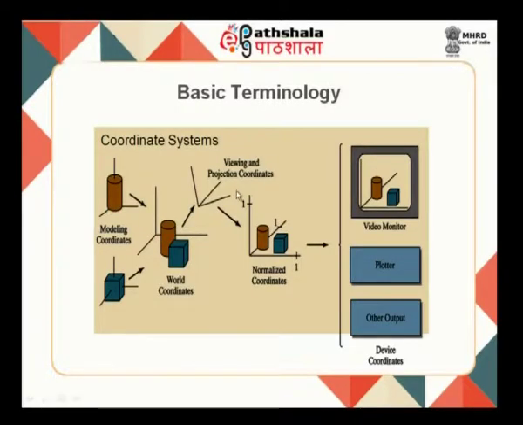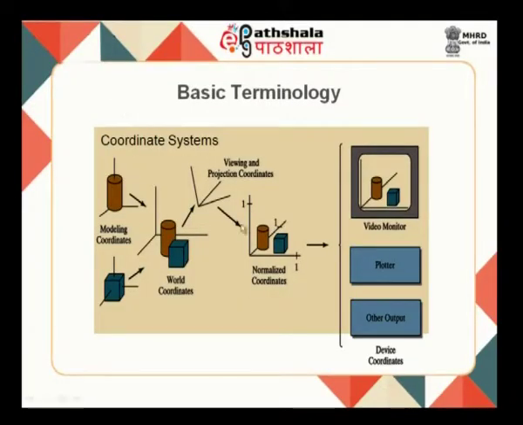So, that is your viewing coordinate system, and once you choose the viewing coordinate system, the next step is to convert the world coordinates to viewing coordinates, followed by converting the viewing coordinates to projection coordinates. As you can see here, it is viewing coordinates, then later projection coordinates, and finally we convert them into normalized coordinates, which are finally given to the device for display.